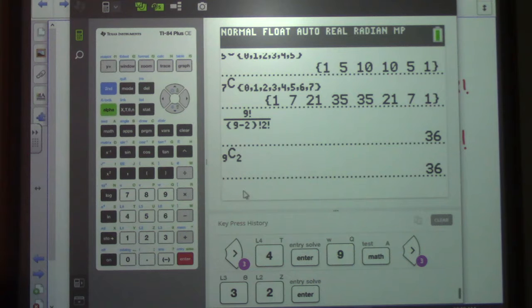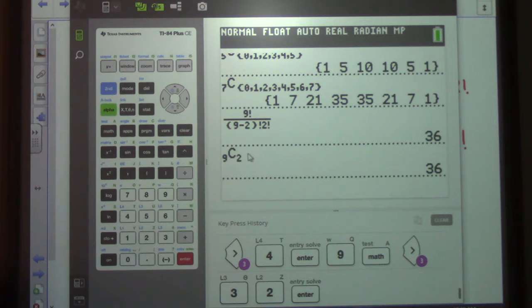Same thing. So the application in your calculator is this one right here, but this formula is the back office worker that makes this happen. The calculator is a little shortcut that you can use.